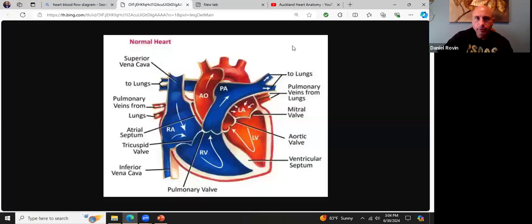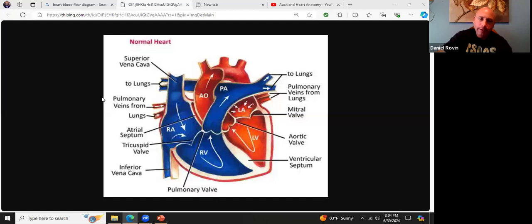And if you're looking on the screen and you see what I'm seeing, you should see what looks like a blue and a red thing. The blue side of the heart is the right side of the heart, and the red side of the heart is the left side of the heart. All right.